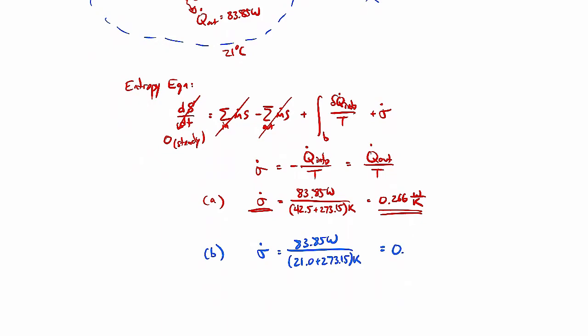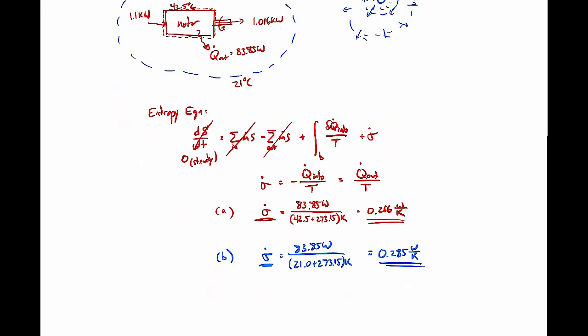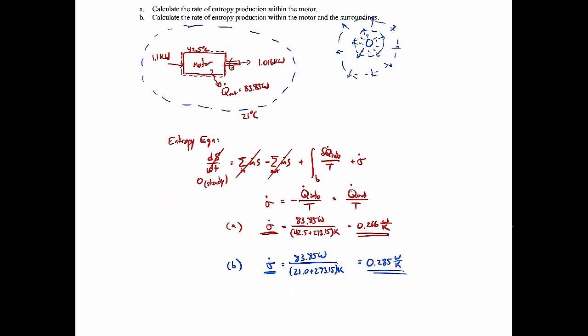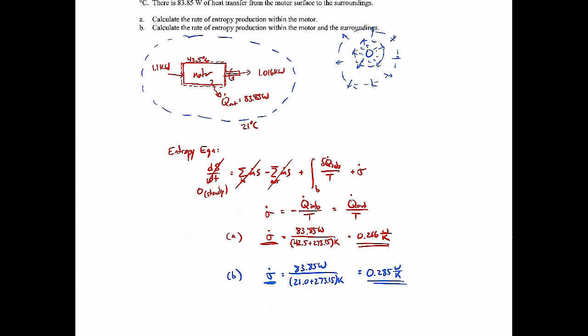It's 0.285. So we actually have a little bit larger rate of entropy production. The reason for that is because we're including more material in our control volume.